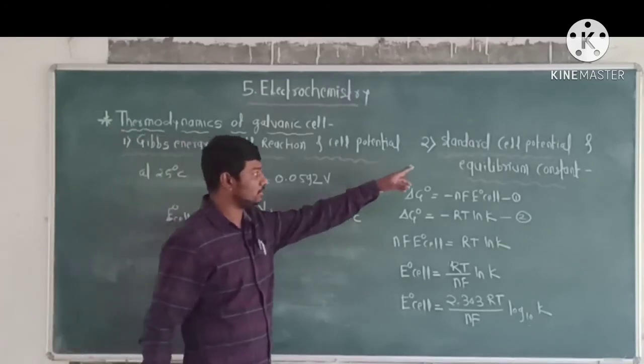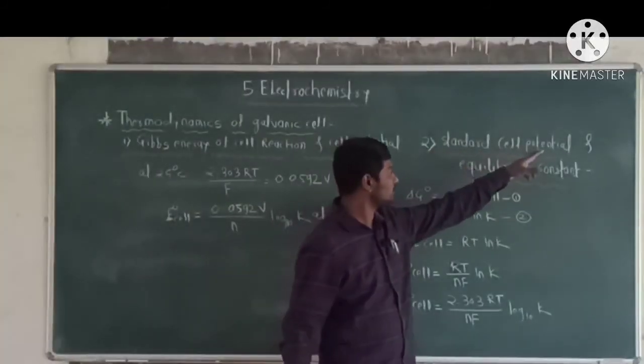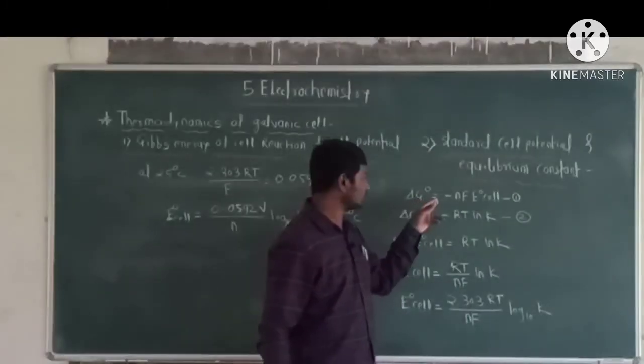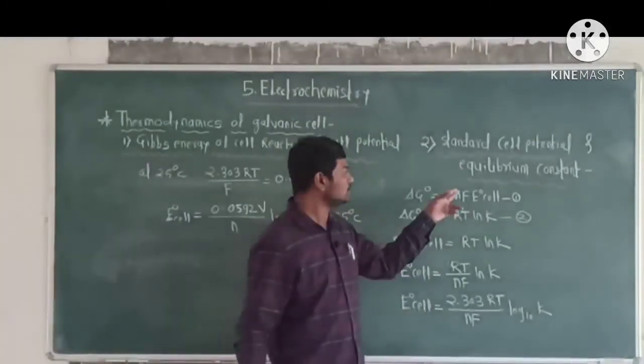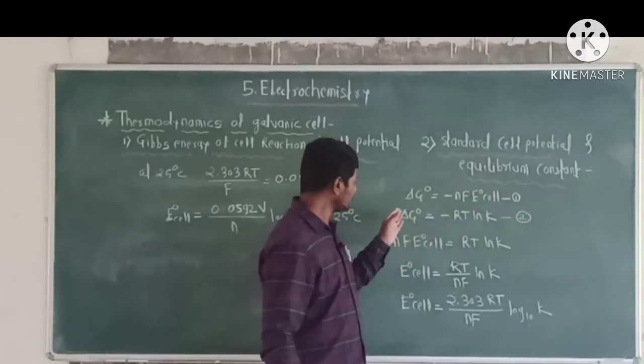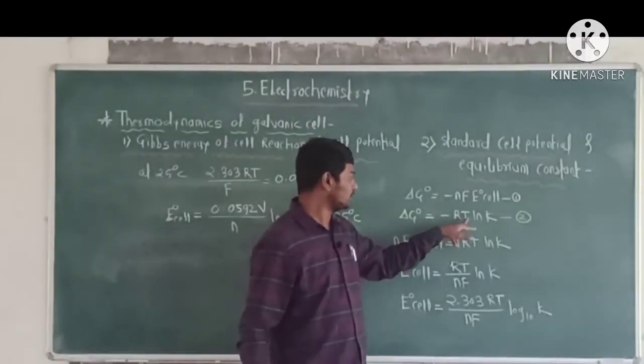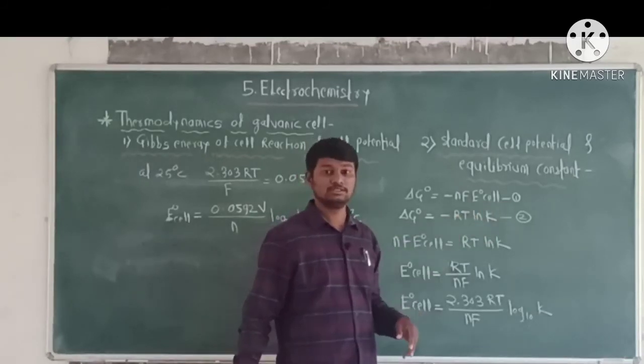Now second point is the standard cell potential and equilibrium constant. We know that delta G0 is equal to minus nF E0 cell, equation number 1. Also delta G0 is equal to minus RT log K, equation number 2.